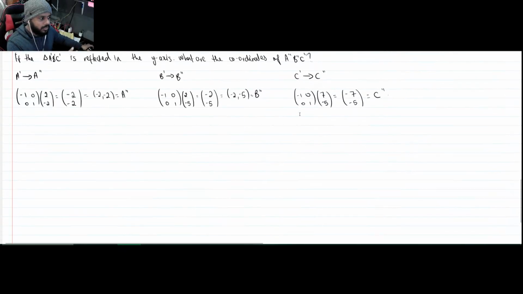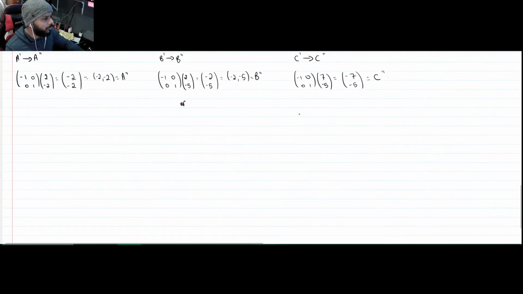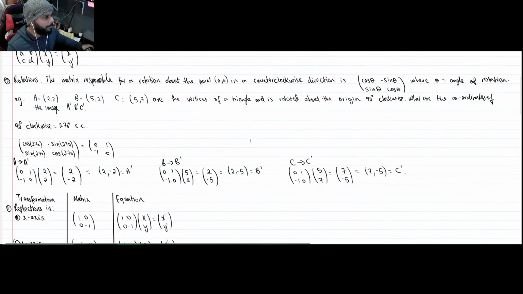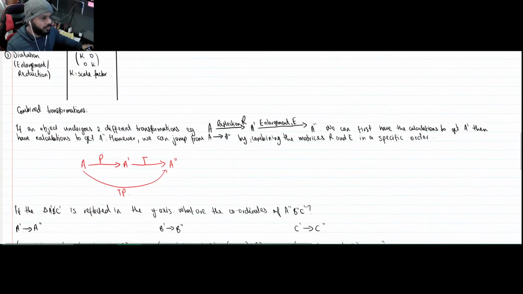So I'll write this out here. We had ABC being rotated using the matrix 0, 1, minus 1, 0.